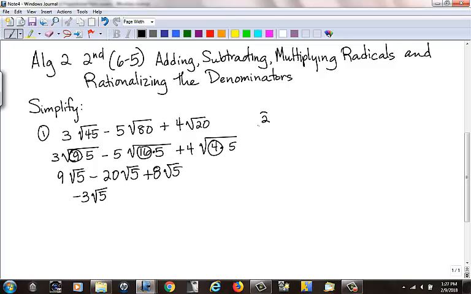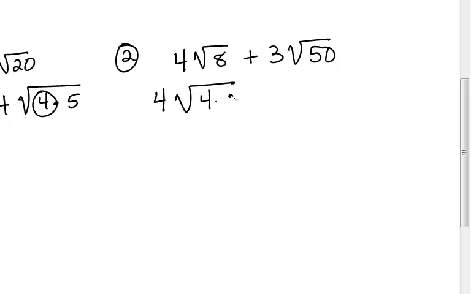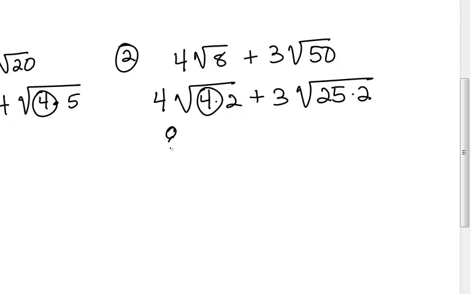Okay, let's do one more like that. So you have 4 radical 8 plus 3 radical 50. Inside 8, yep, 4 and 2, and inside 50, yep, 25 and 2. Out of this we can take out 2, so you'd have 4 times 2 would be 8 radical 2.